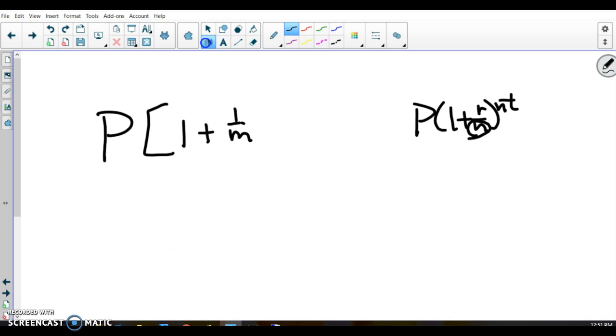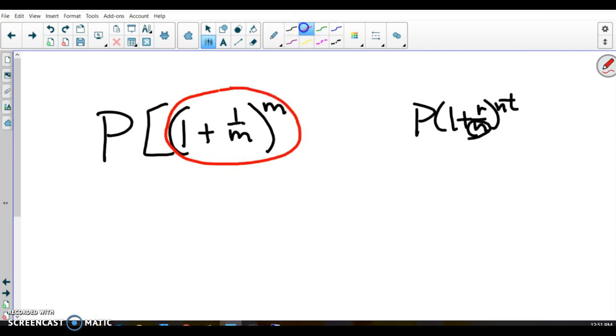So we recognize this part of our formula, this part right here. I'm going to put a big red circle around it. 1 plus 1 over m to the m, and then to the nt.